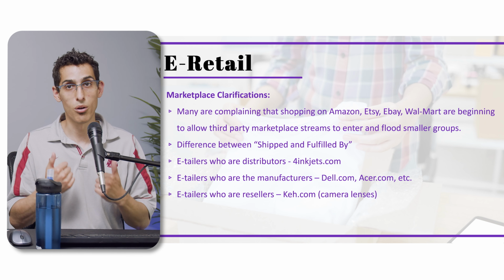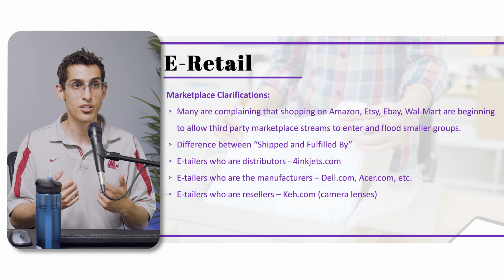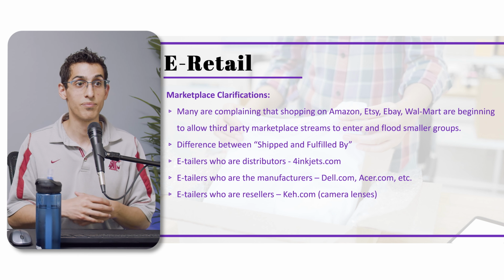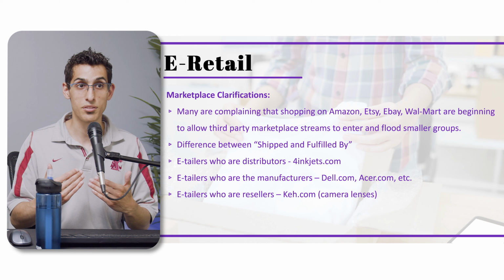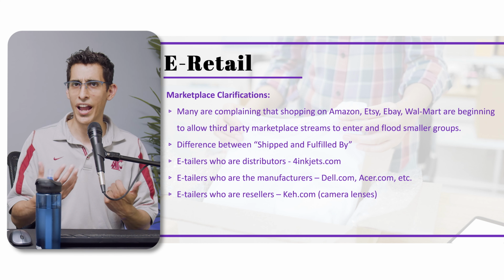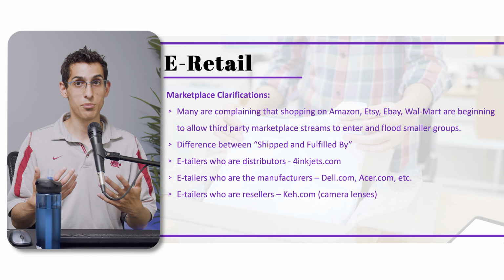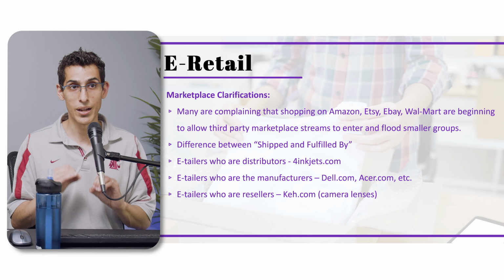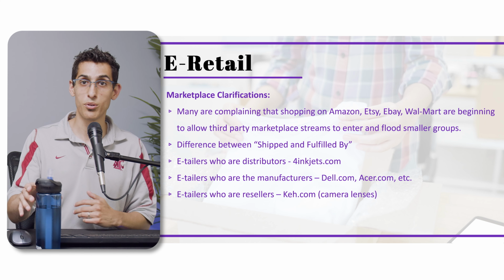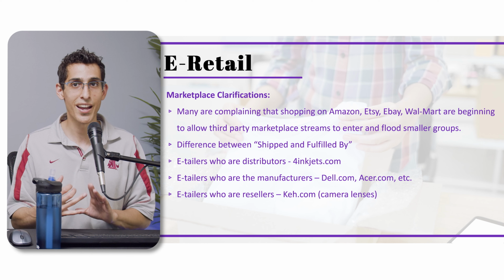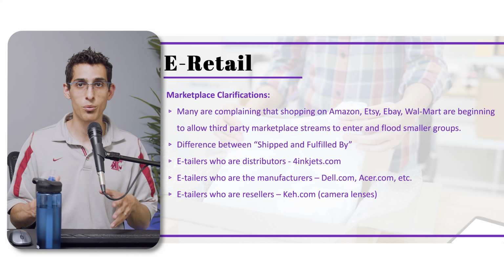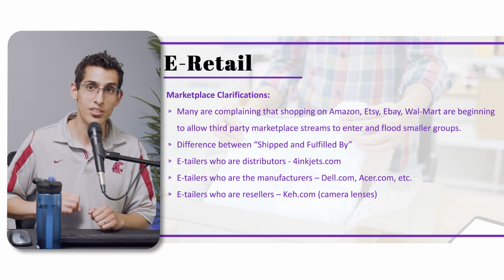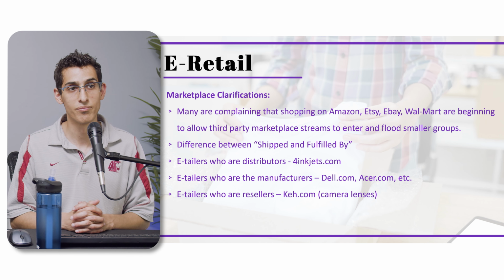And they have a strong warehouse, logistics, and shipping operation, so they're able to just run it. You do also have e-tailers that are the straight manufacturers, like your Dell or Acer or Apple or others who make the product and sell it directly to the consumer. For example, with water bottles, it might be Camelback or Yeti or other manufacturers who sell through Target, sell through Walmart, but are willing still to sell directly through their website.